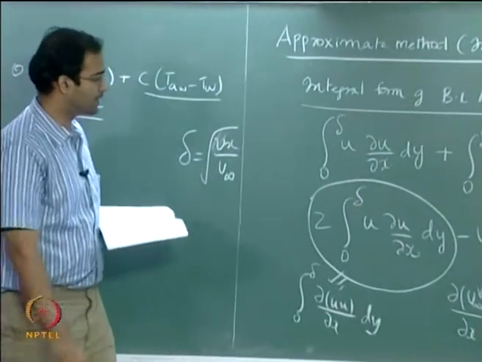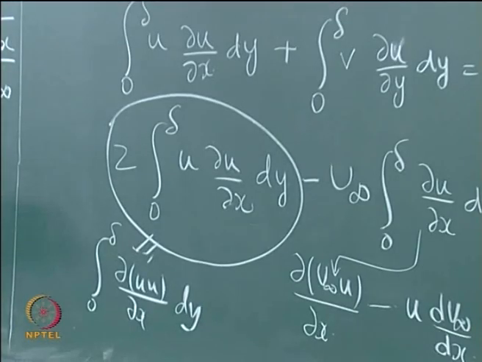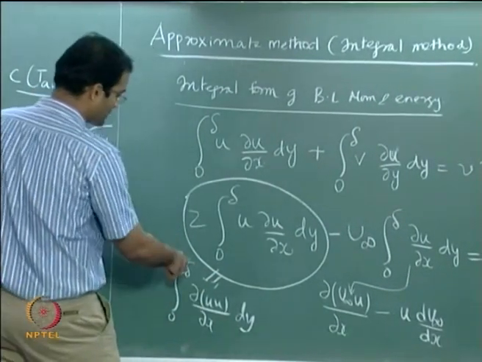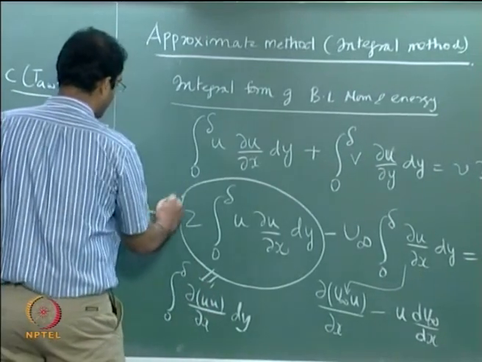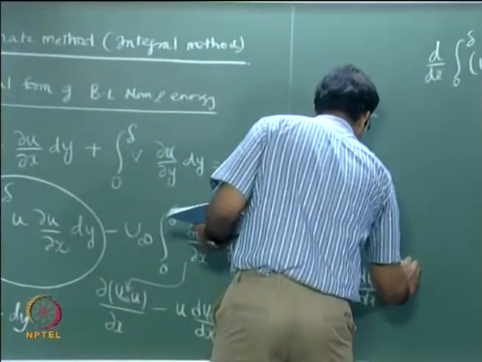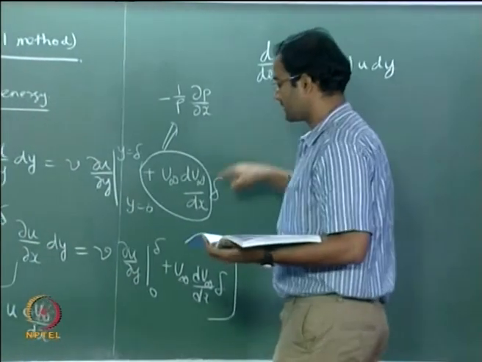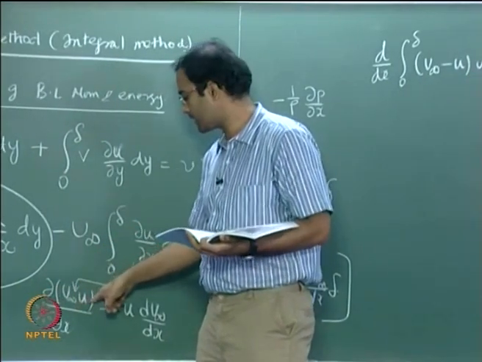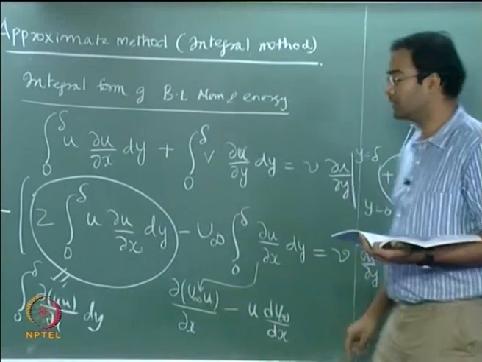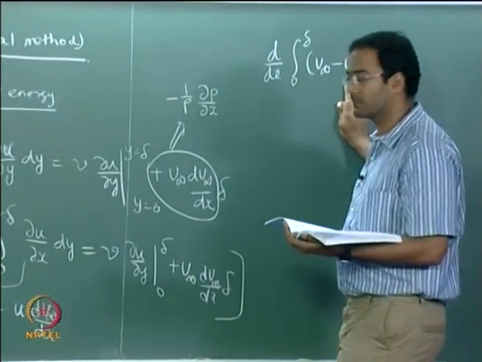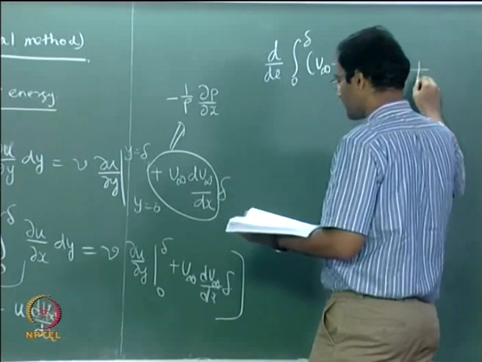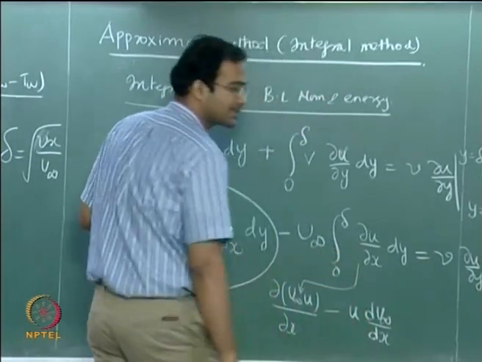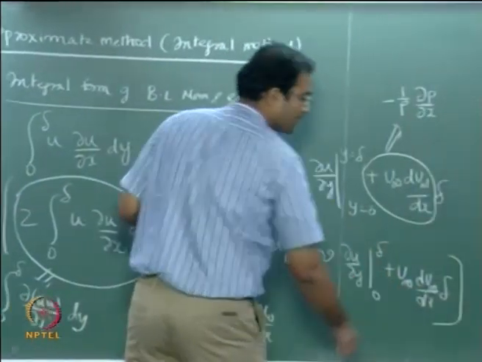So du square is nothing but 2u du by dx. I can take d by dx out, so 0 to delta, and I am multiplying throughout by negative sign. So this is already negative, negative of negative is becoming positive, so u infinity into u minus uu. That is this particular term, plus the other term which I have written, du infinity by dx, which I can take common from here as well as from the right hand side term.